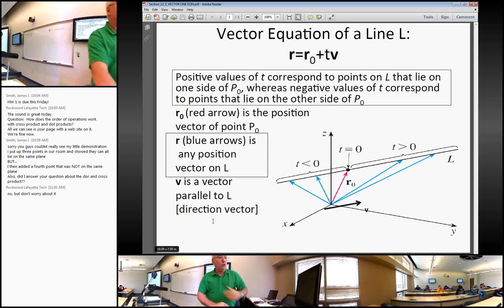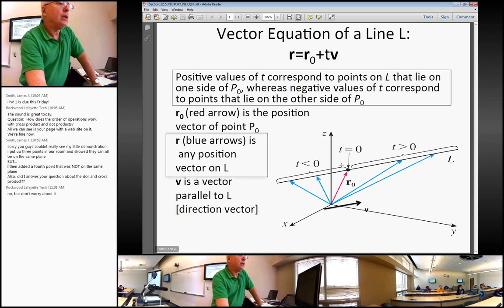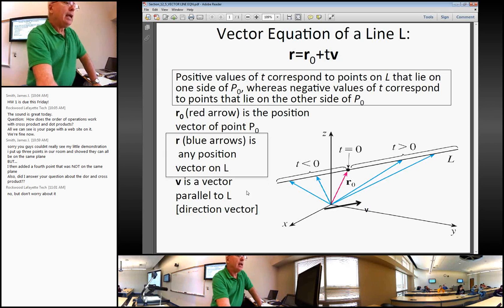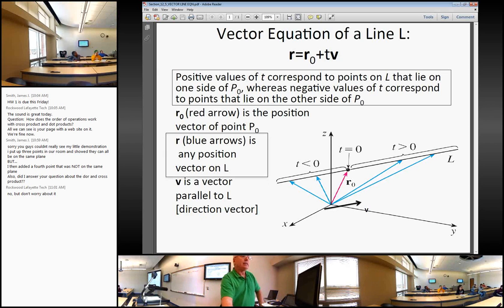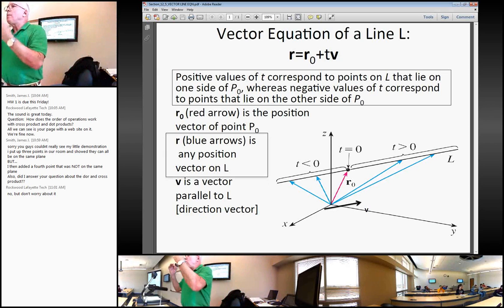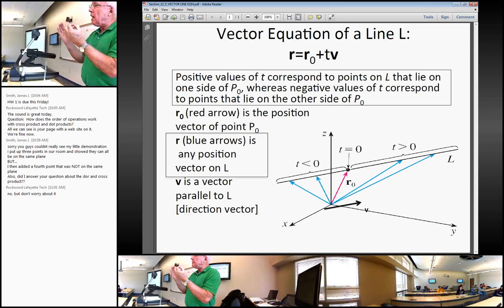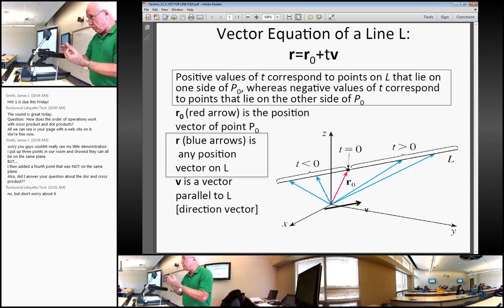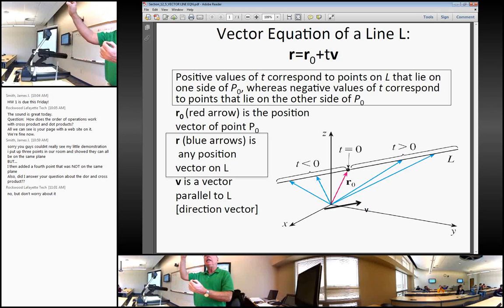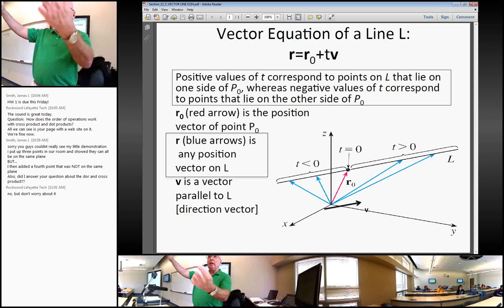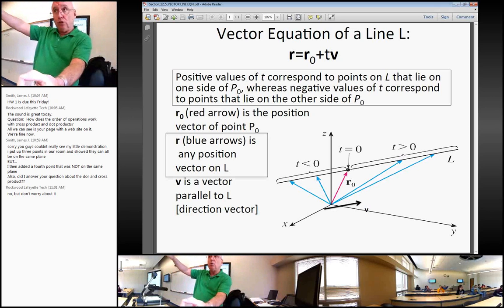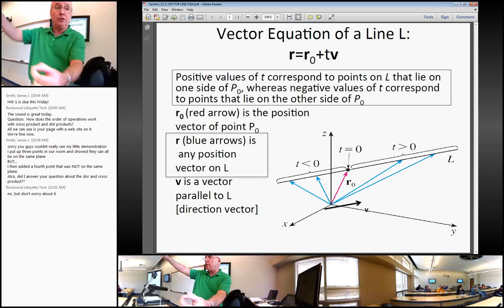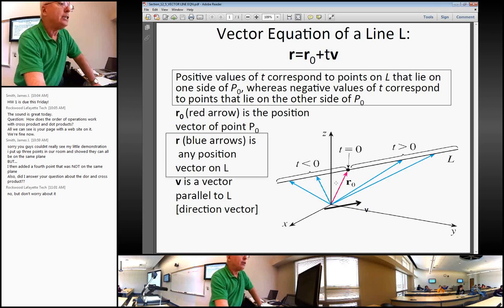So notice here, this L is our straight line, this dark line right here. And we have a single point that's on the line. We're representing that point as a position vector. Remember, given any point, we can let the vector from 0 to that point be a position vector. So therefore, r naught here is the position vector of our given point.